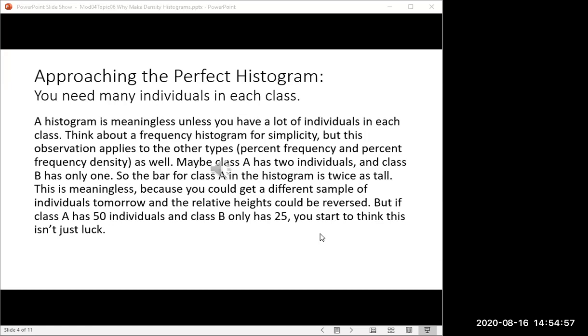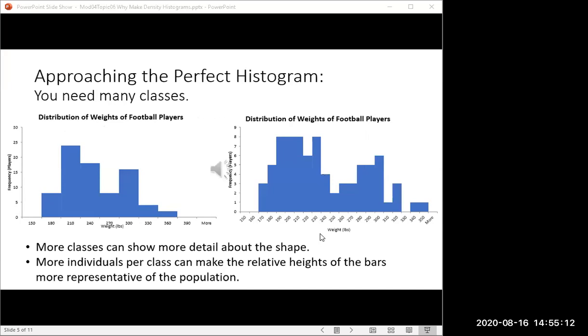So one thing you need for a good histogram is to have many individuals belonging to each class. Some of our histograms that we've already done have not been very good for that reason. Now, it's not enough that you just have a lot of individuals in each class. You also need to have a lot of classes to make a really good histogram, because the more classes you have, the more detail you get about the shape of the distribution.